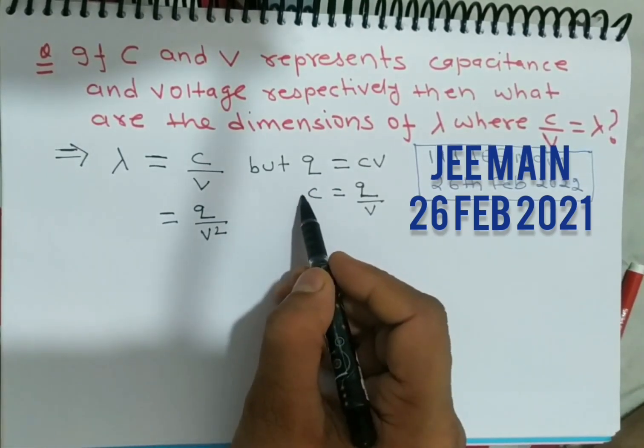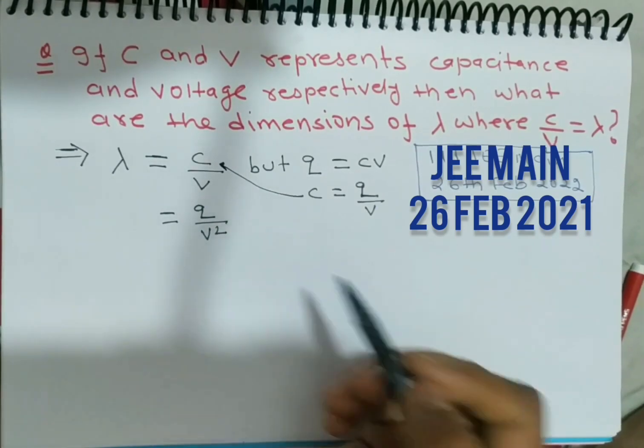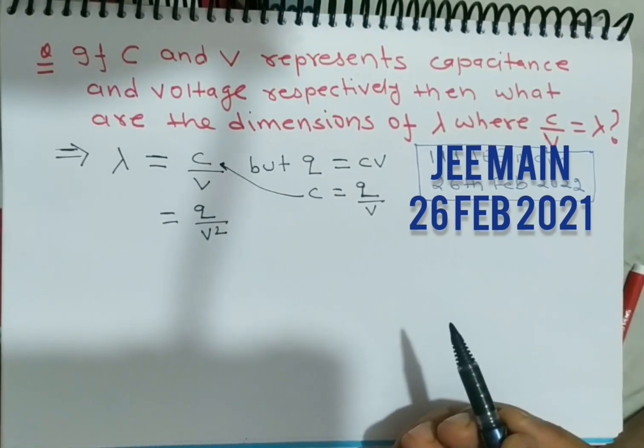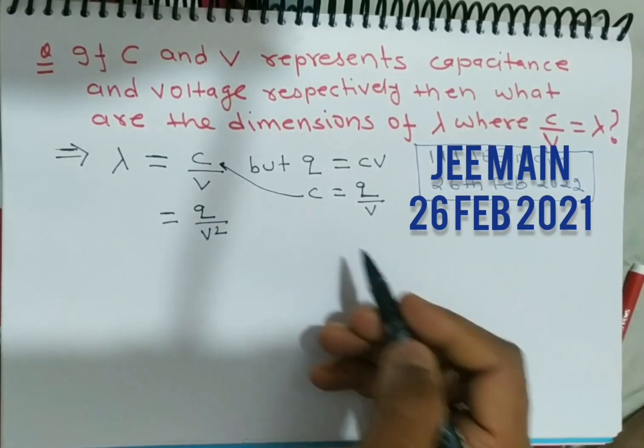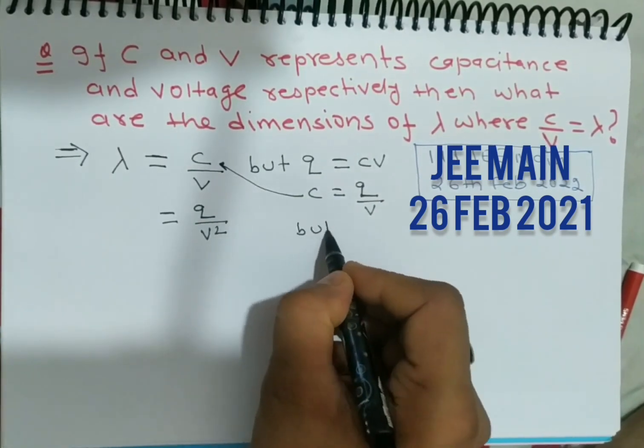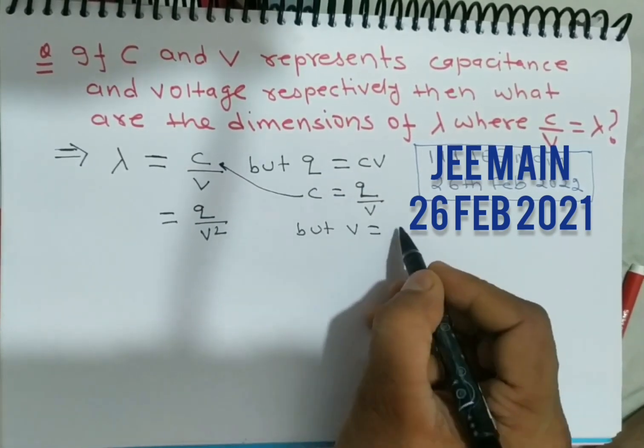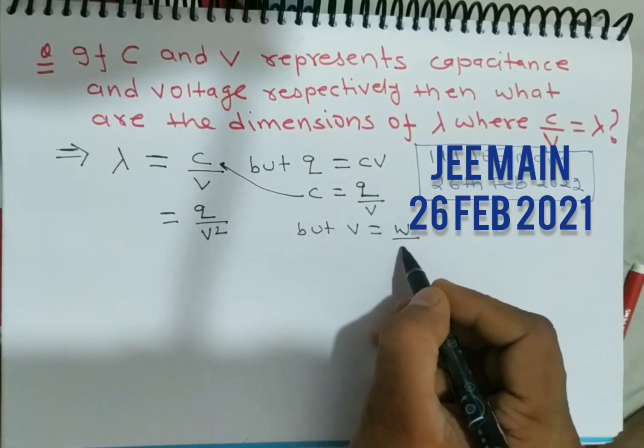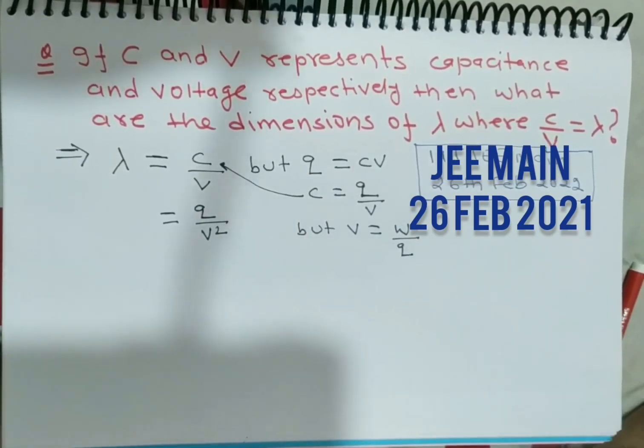Just put the value of C, it becomes Q upon V square. But we also know that V equals work done per unit charge.